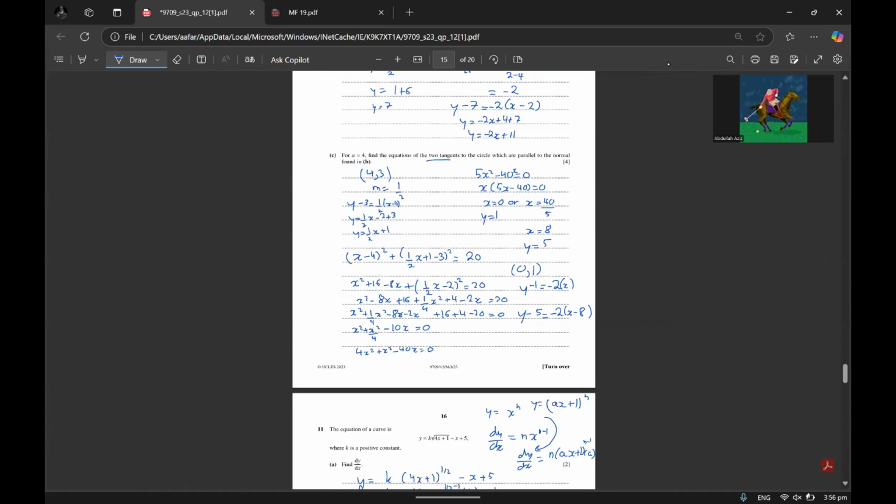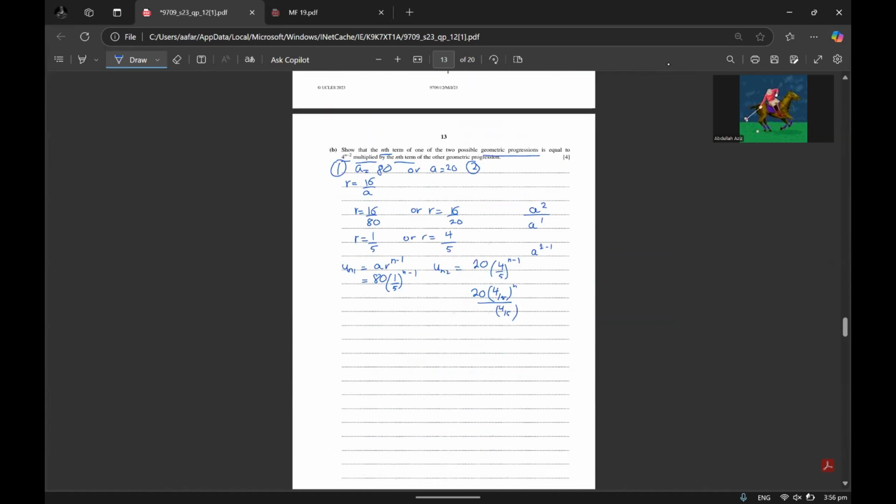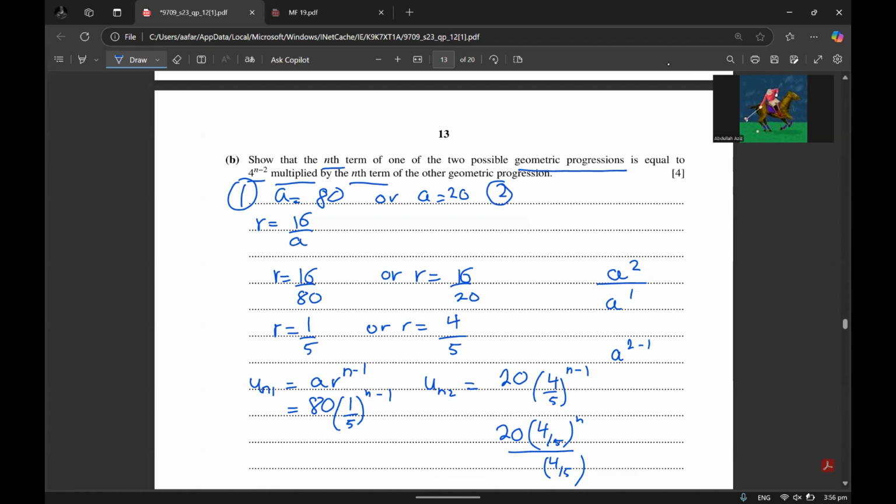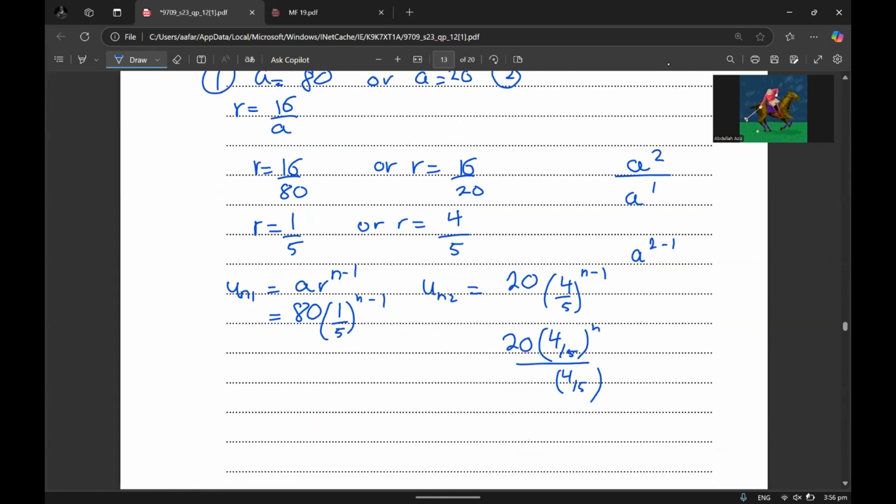Okay, so now again going to the question which we left out. It says show that the nth term of one of the two possible geometric progressions is equal to 4n minus 2 multiplied by the nth term of the geometric progression.